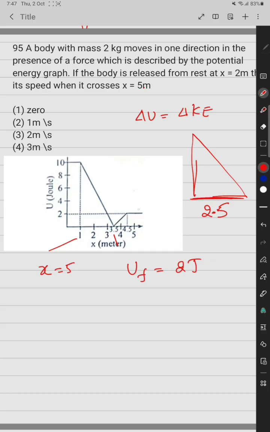I think 10. Therefore, suppose this angle is theta, then tan theta equals 10 by 2.5, which is 4. And we want to find the potential energy at x equal to 2. At x equal to 2 means 0 to 2, that is 1.5.